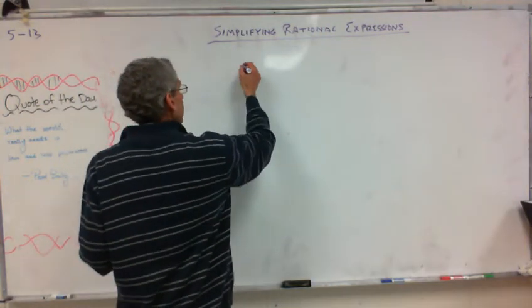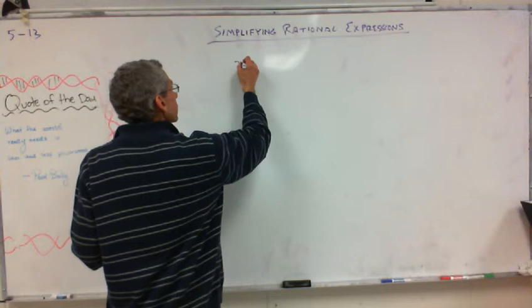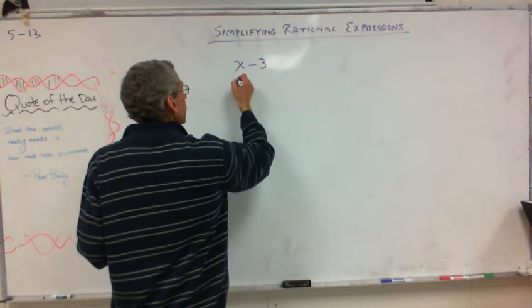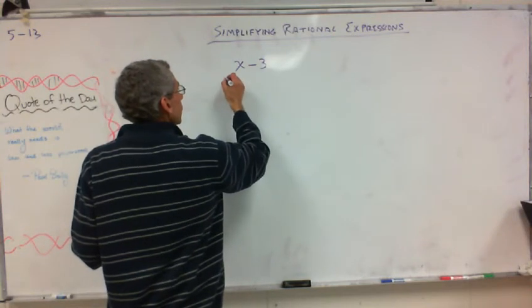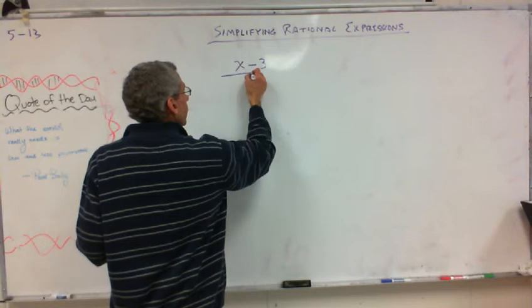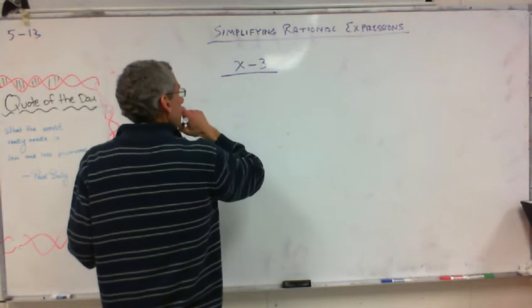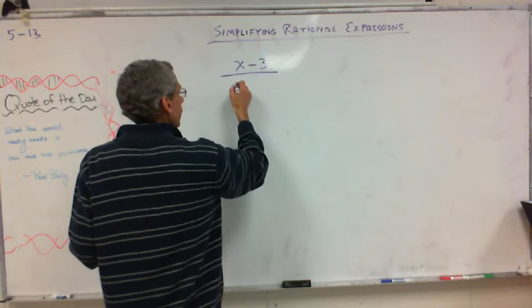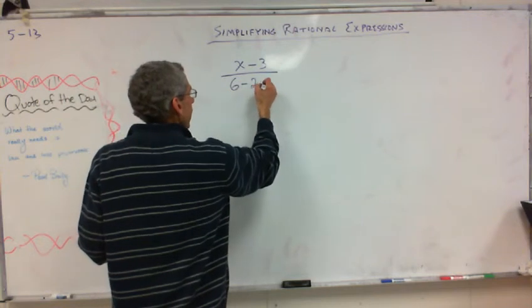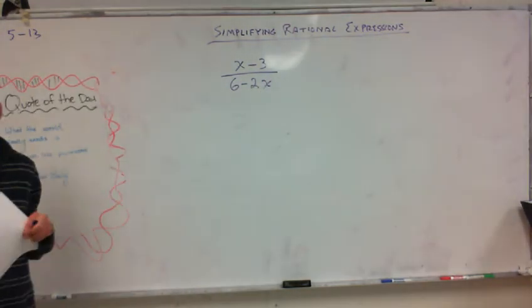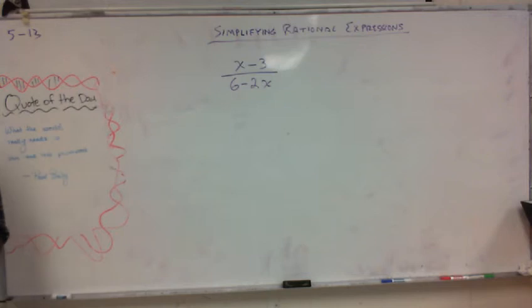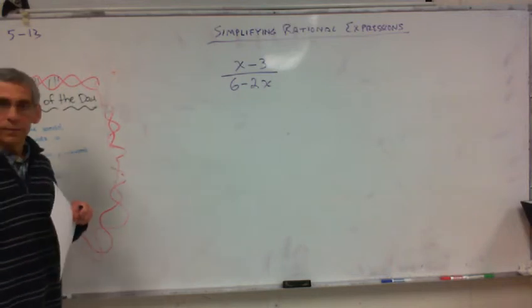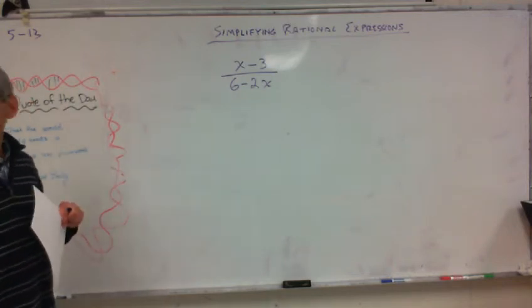If I had something like this, x minus 3 over 6 minus 2x. All right, so write that down in your notes. That's a little bit confusing.